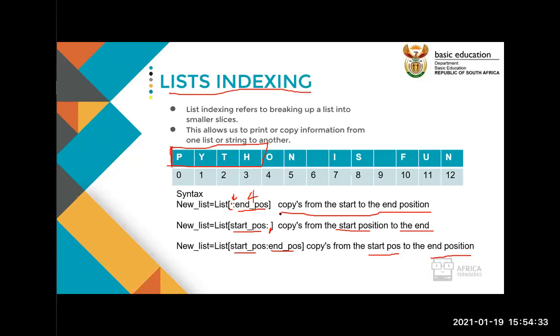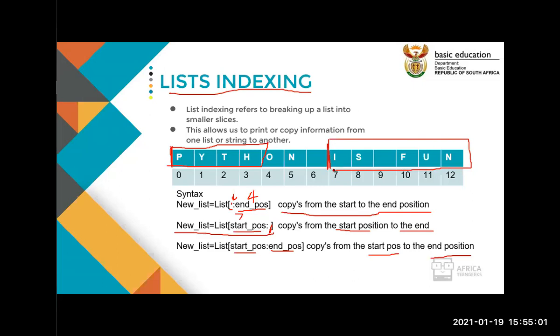The same way, I can give it a starting position, start copying from 7. And because there's no end position, it'll copy the rest of the letters. So this statement will say, okay, where's position 7? Here's position 7. I'm going to start copying from position 7. But because you didn't tell me when to stop, because we left it blank, it'll copy everything.